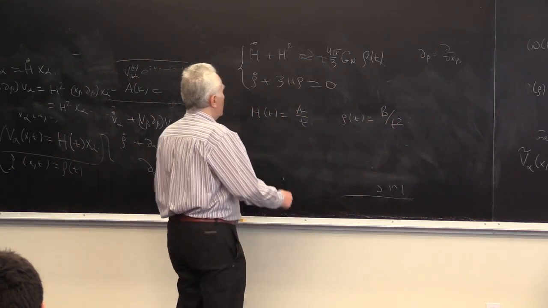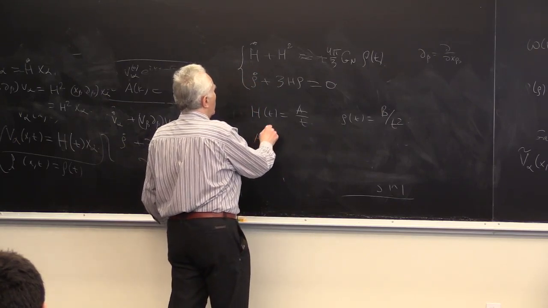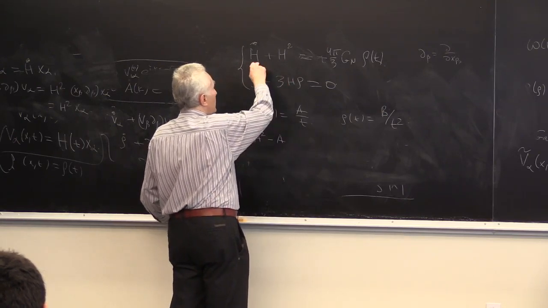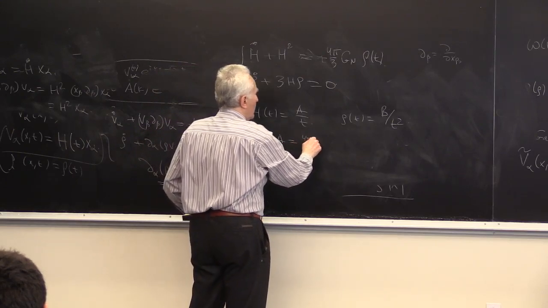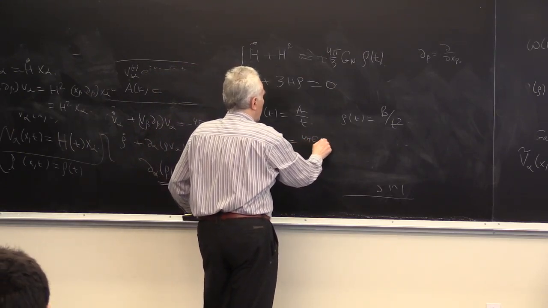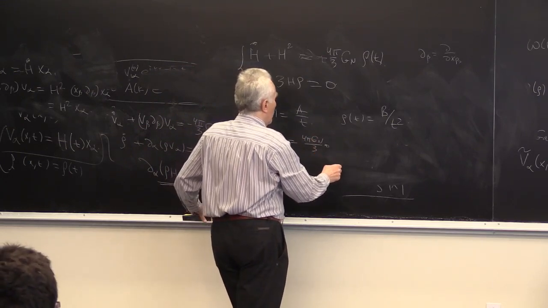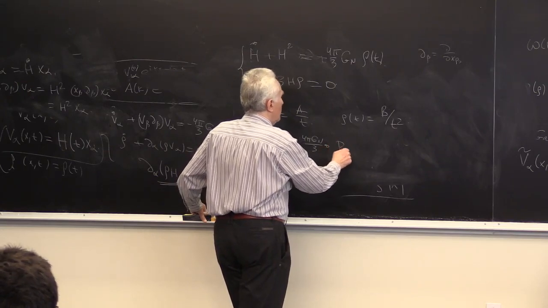And now things are very simple because you just have a square from here minus a from here is 4 pi Gn divided by 3 multiplied by b.